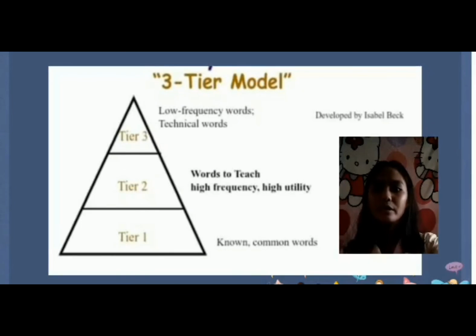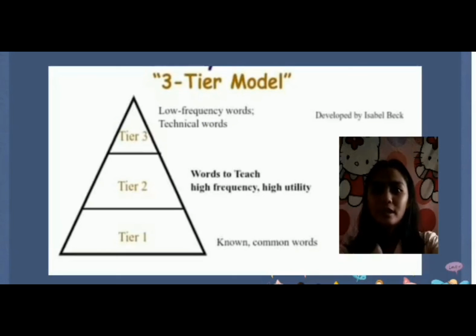We also have here the model for choosing vocabulary from text, which is the three-tier model. Tier 3 words are the low-frequency words or technical words. These words are best learned within the context of the lesson or subject matter. Examples are atom, molecule, metamorphic, sedimentary, and continent.